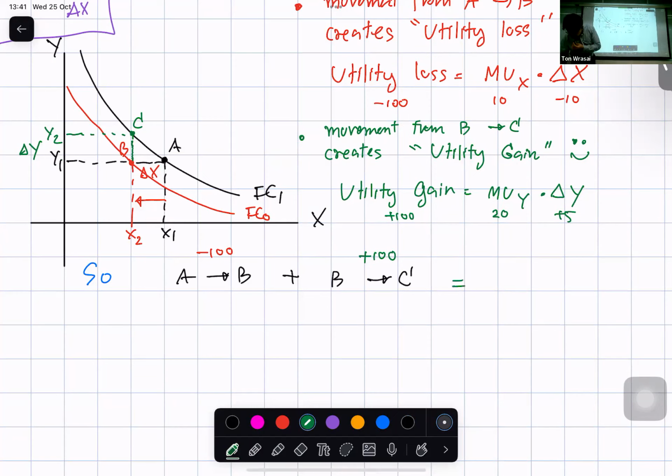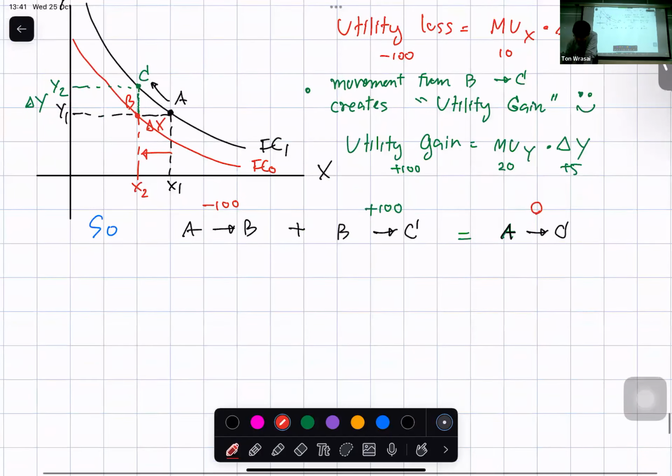Then we find out that it makes no difference when we travel from A to C. From A to C, there is no change in utility if we travel along the same indifference curve. Change in utility is 0. Yes, it's true, 0.